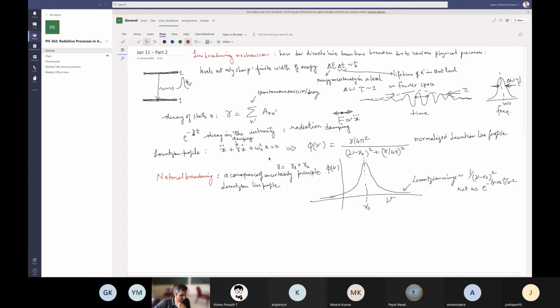Okay, what else? So this is the first broadening mechanism. There is something called Doppler broadening.